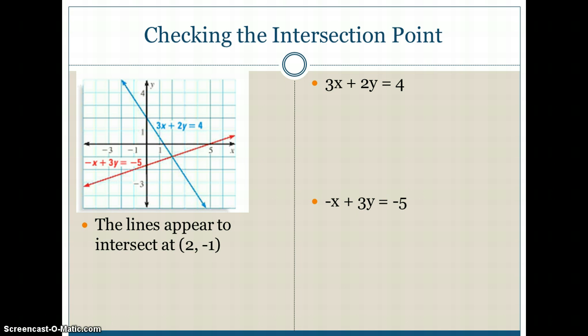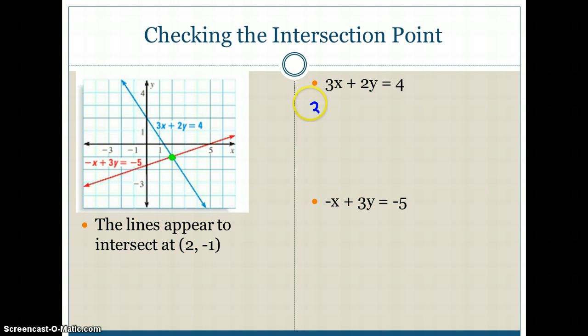We have the system 3x plus 2y equals 4 and negative x plus 3y equals negative 5. These seem to intersect at this point here, 2, negative 1. What we do now is check to see if it's true in both.